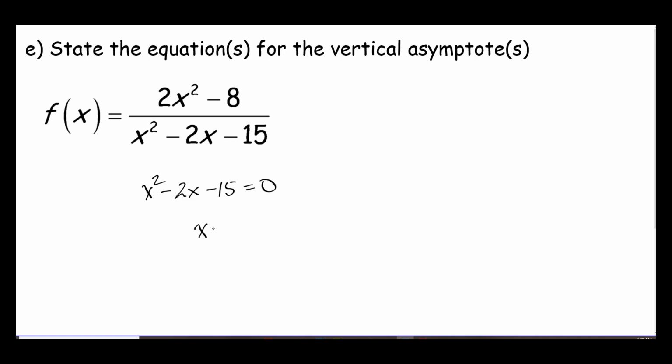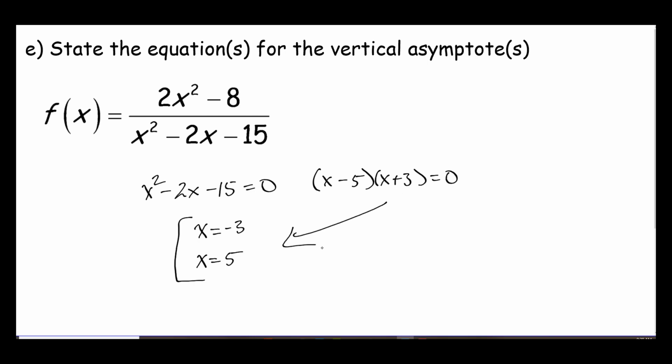So we're going to say that x equals negative 3 and x equals 5 are our two vertical asymptotes. I'm actually going to separate them to remind ourselves that we have two of them, and we're going to be graphing both as vertical lines. Remember, they're vertical dashed lines. And if you're unsure, remember this factored to x minus 5, x plus 3, and that's where I got those numbers from.